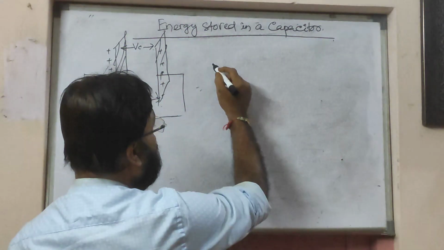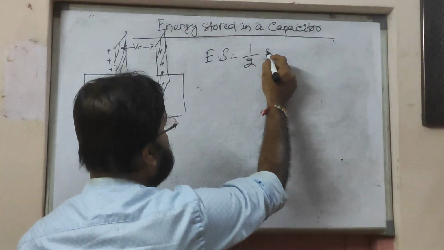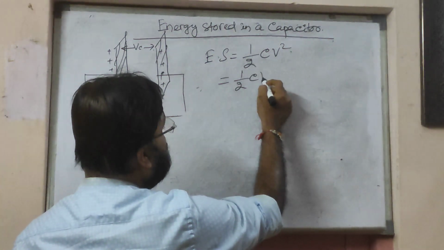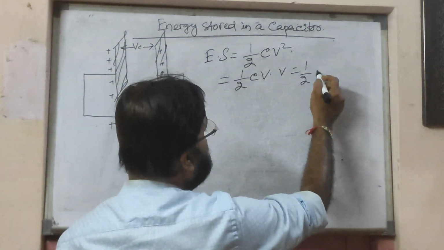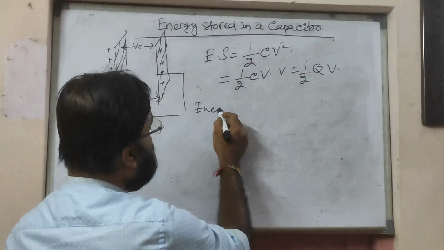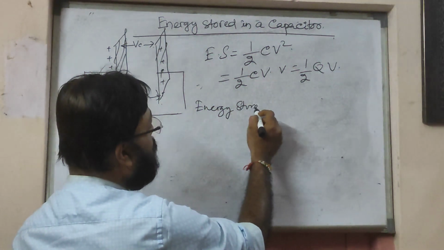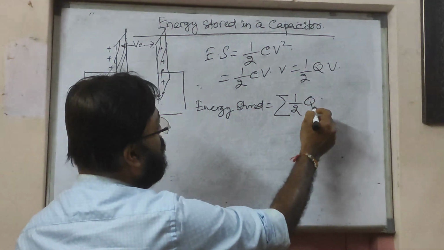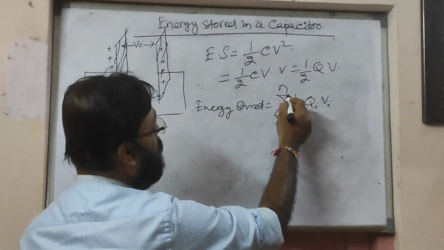We know that the energy stored in the capacitor is equal to half CV square. It can be written as half CV into V, so it is half Q into V. So the energy stored for n number of point charges is equal to the summation of 1 by 2 Qi Vi, where i varies from 1 to n.